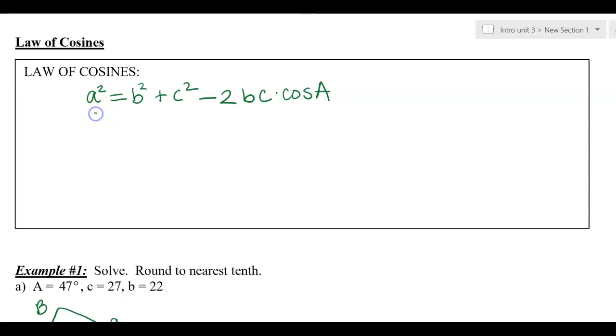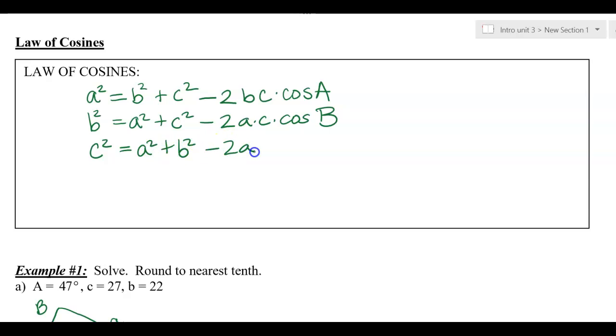And then this relationship, just like the law of sines, this same relationship is true for any side that you pick. So you can put the B squared over here, and then the two sides on the other side of the equation become the A and the C. But the angle that you're using here would be angle B. Or you can put C on its own on this side.